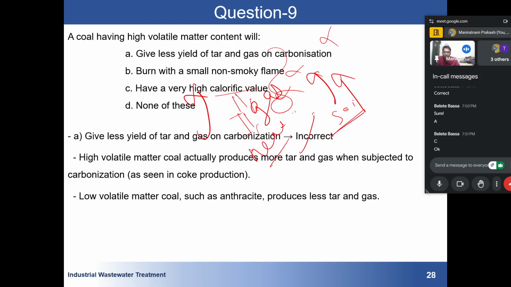High volatile coal actually produces more tar and more gas when subjected to carbonization. Carbonization means heating. If it is more volatile, it will easily convert into more gaseous form. So that's why this option was incorrect.